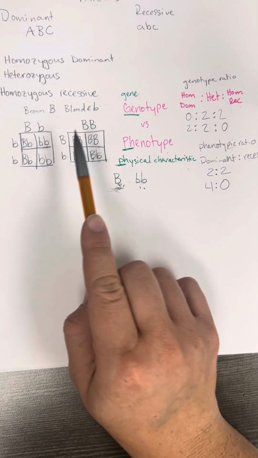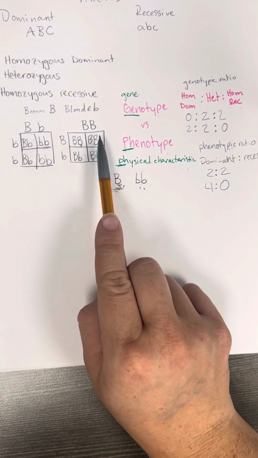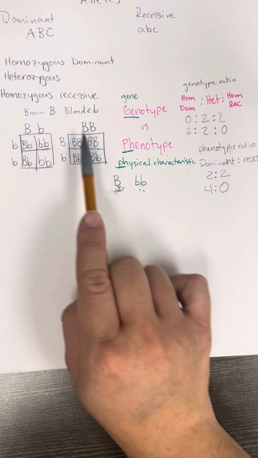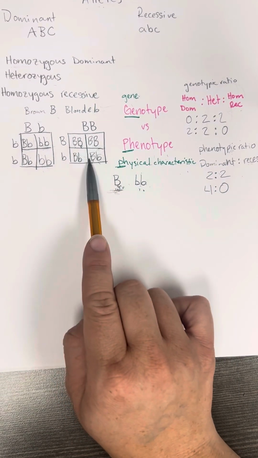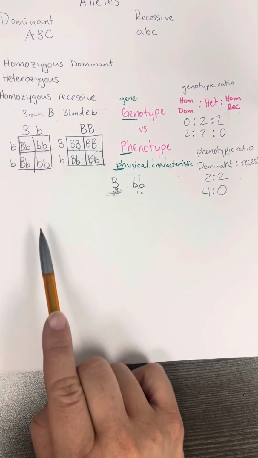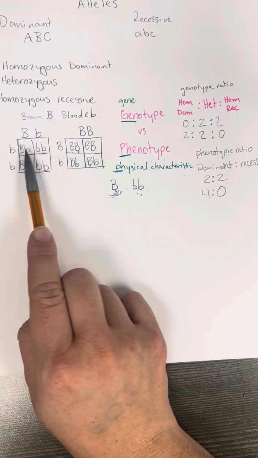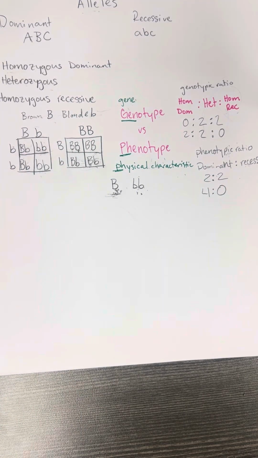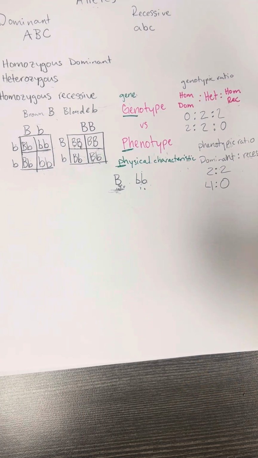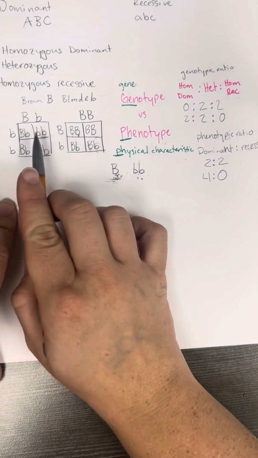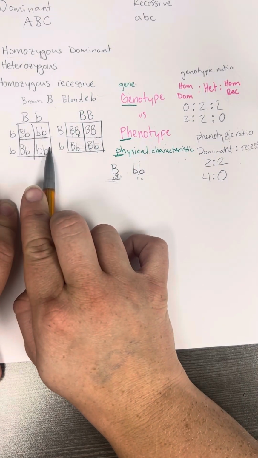So it's not saying that child 1 will be brown, child 2 will be brown, child 3 will be brown. That's saying that every time they have a kid, it's this probability, right? Where this person has a 50% chance of that baby being brown hair or blonde hair. So when it asks you about percentages, each of these squares is 25%.